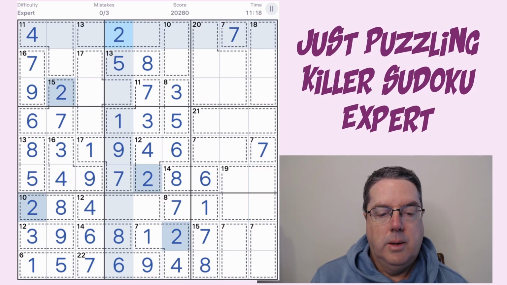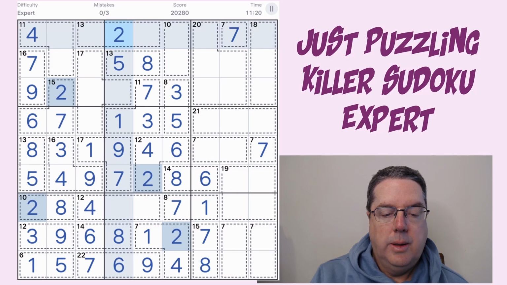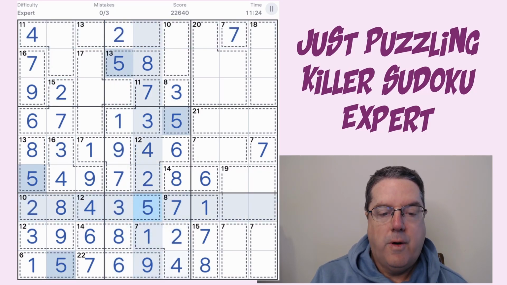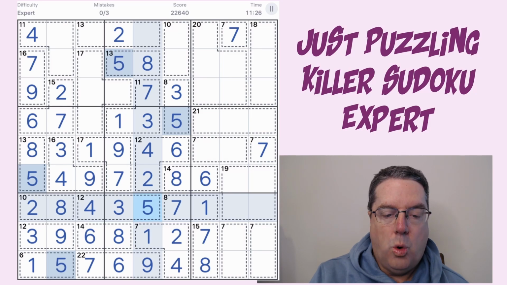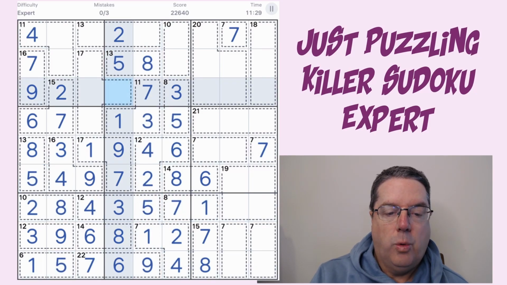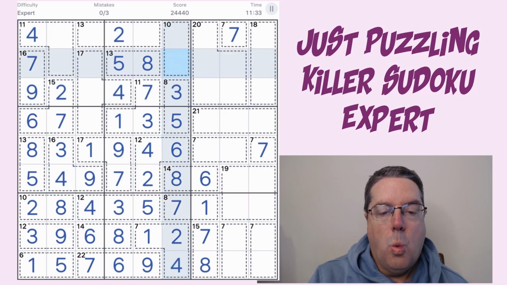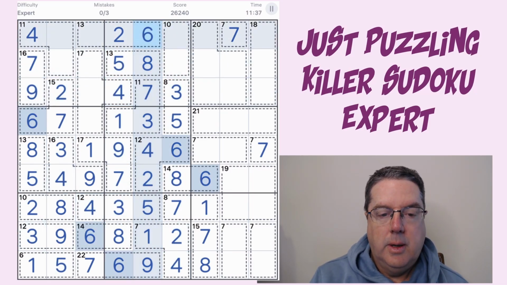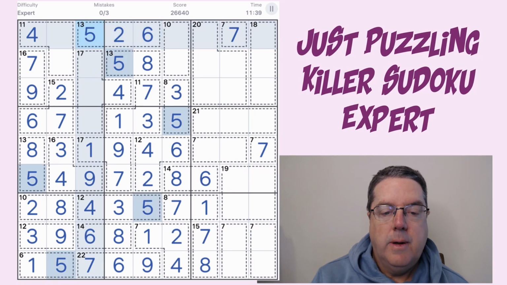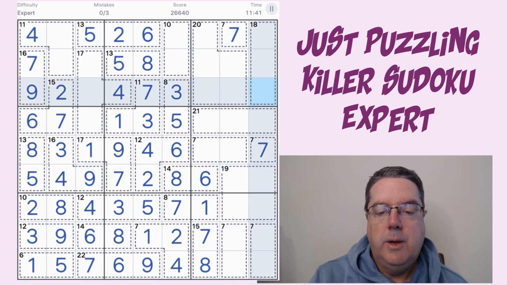Okay, so 1, 2, 3 can be there, that makes that the 5. 4, where's the 4? So there's a 4 there, 4 there, so there's a 4. Okay, so 1, 2, 3, 4, 5, 6. That makes that a 5. So somewhere across here is a 5.